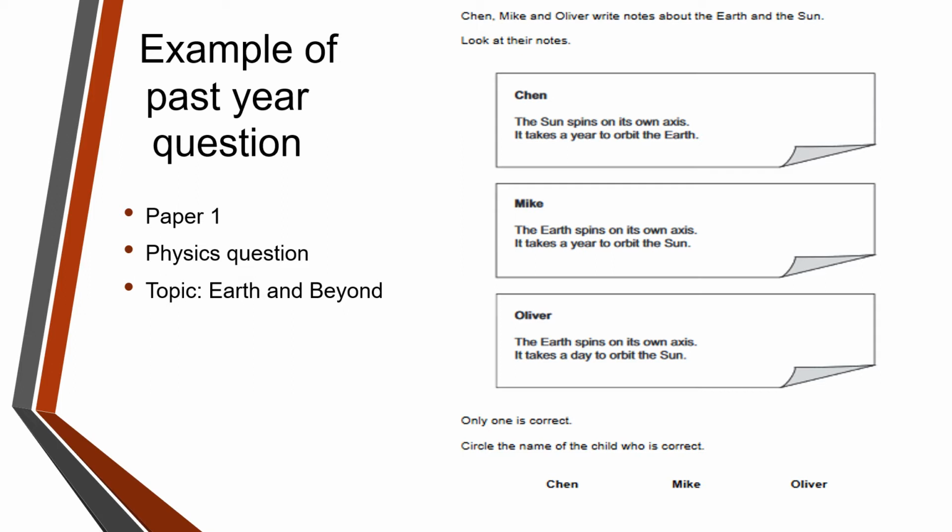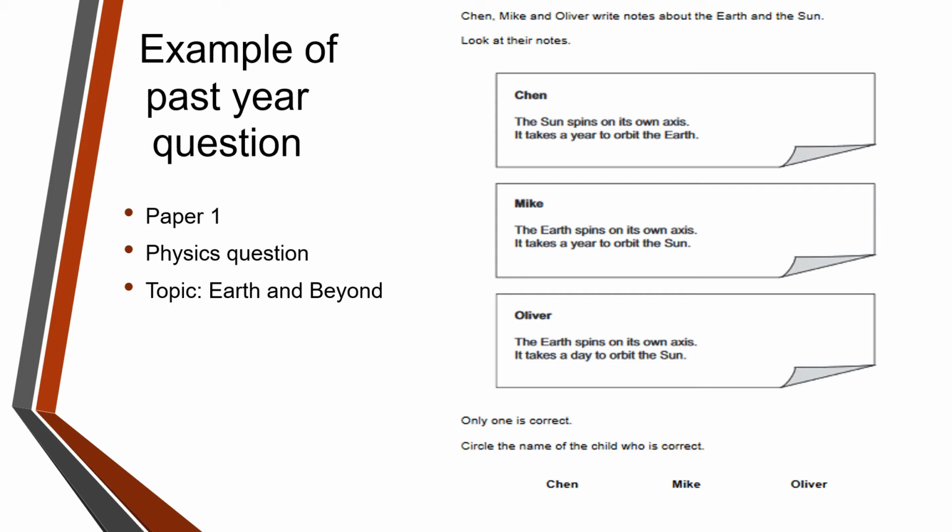It takes a year to orbit the earth. Mike writes, the earth spins on its own axis. It takes a year to orbit the sun. Oliver wrote, the earth spins on its own axis. It takes a day to orbit the sun.